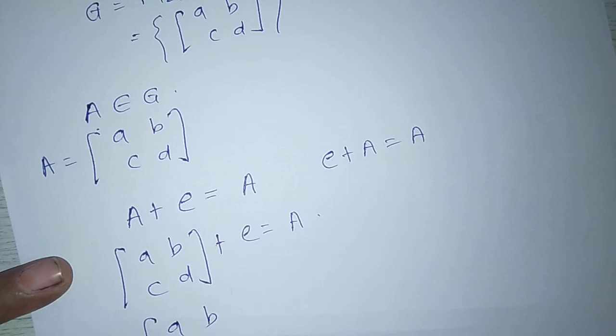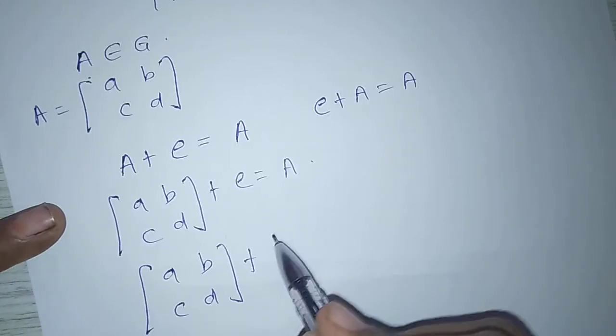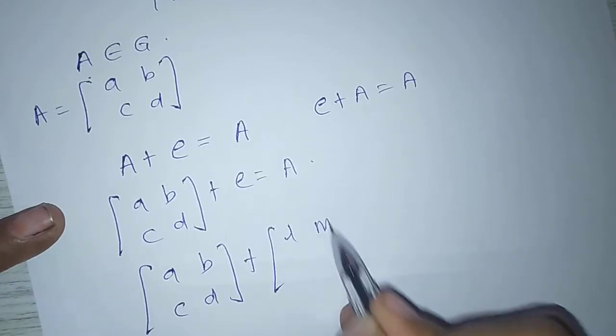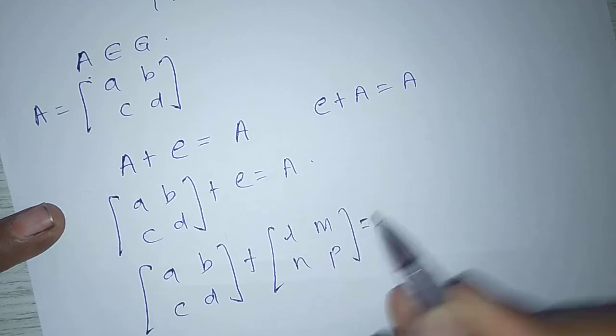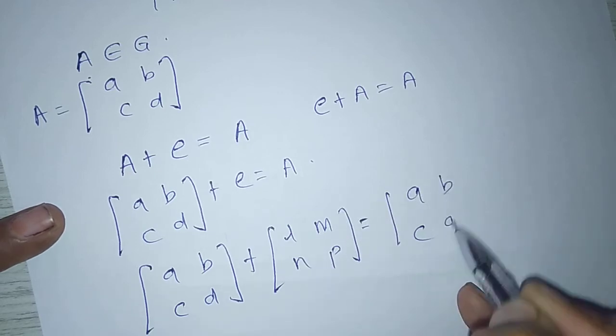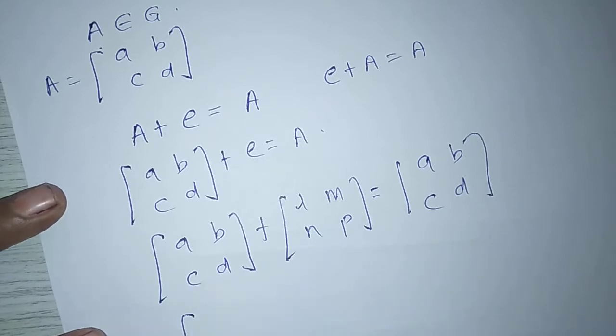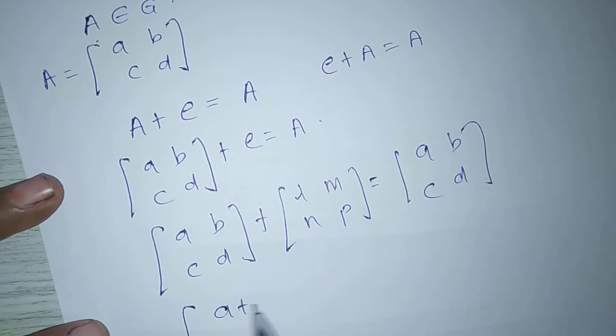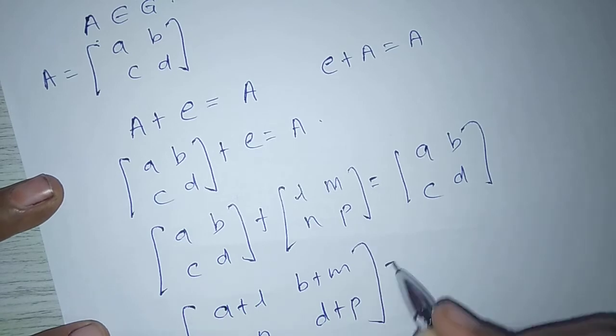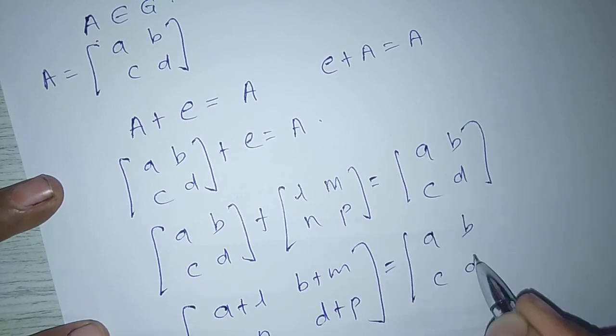Because [A, B, C, D] plus [L, M, N, P] is equal to [A, B, C, D], taking the addition of these two matrices, we get [A plus L, B plus M, C plus N, D plus P] equal to [A, B, C, D].